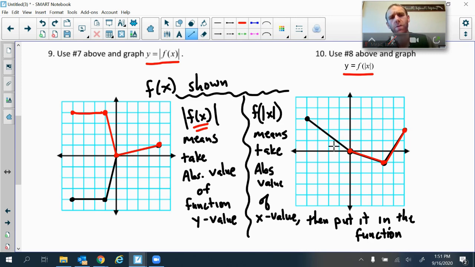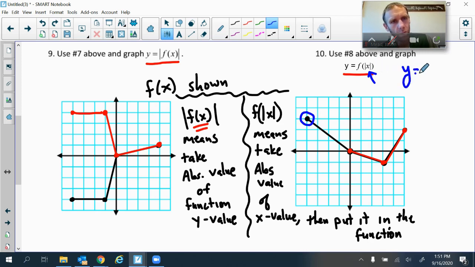But then what happens over here? Well, what happens if I substitute in -4 into this thing? I get y equals f of the absolute value of -4. Well, that's equal to f of 4. F of 4 was equal to 0.